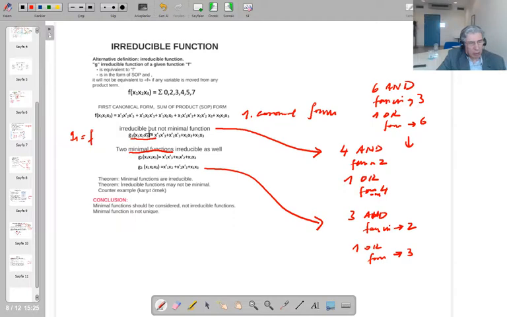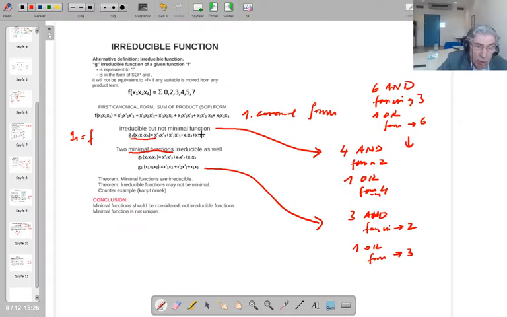Now let me explain it in other words. If this is an irreducible function, which is equivalent to f, and you remove that x3, that means you're not going to have x3 anymore. That means you found another function. This function is not equivalent to f.